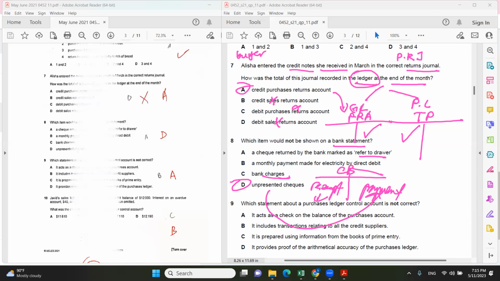So these two double entries, which appear in debit and credit here, will appear in your bank reconciliation statement. And these three items, A to C, you have to update the cash book to show the latest balance for the cash book. Okay? Okay, next.